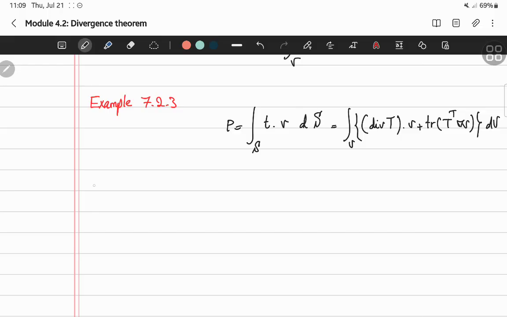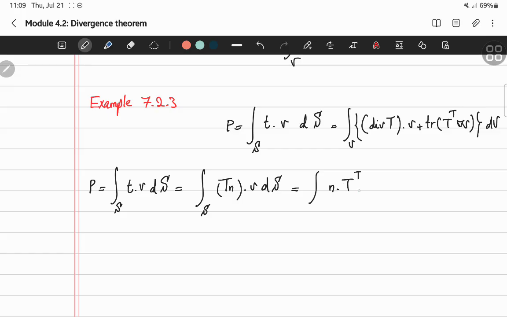So first, we write p equal the integral of t dot v over s. Here we have ds. So if I replace t with its definition, I have tn dot v ds over s. So I can write this as n dot t transpose v ds over s.